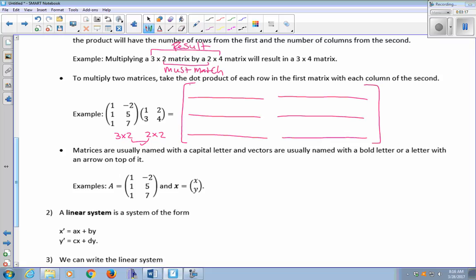So I'm just going to look at my first row and my first column. If I take the dot product, that means multiply the first things together, multiply the second things together, and then add the results. Right? So I'm going to do 1 times 1 plus negative 2 times 3. Everybody familiar with the dot product? 1 times 1 plus negative 2 times 3.